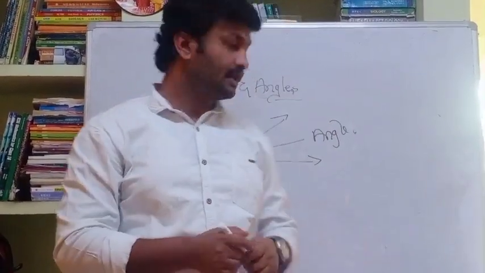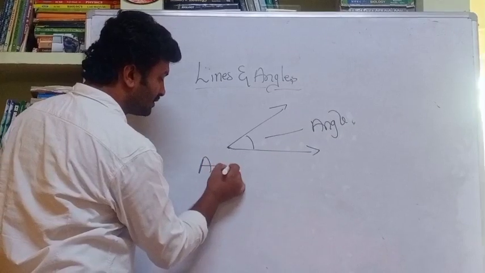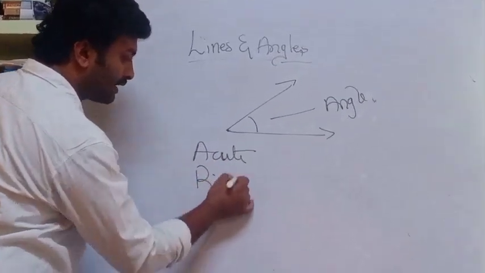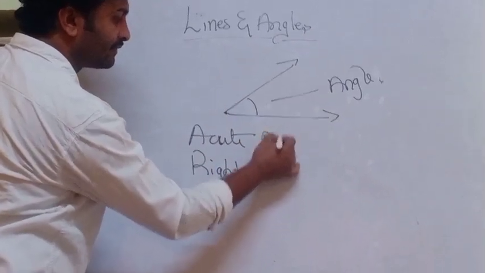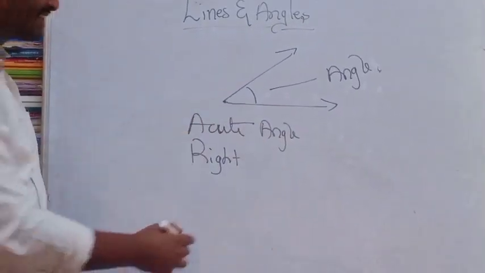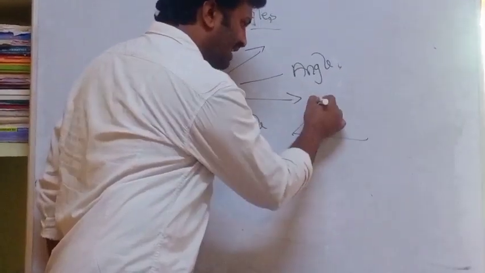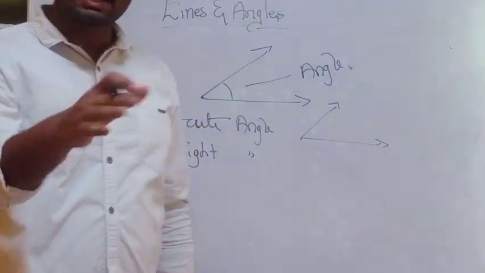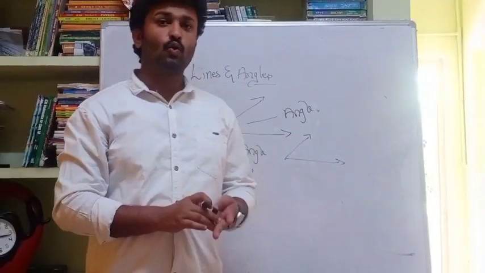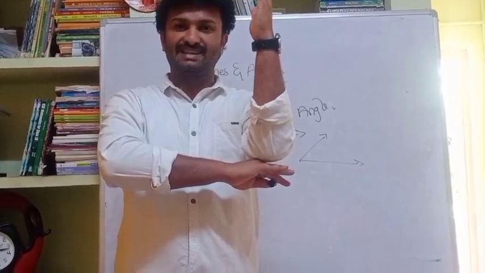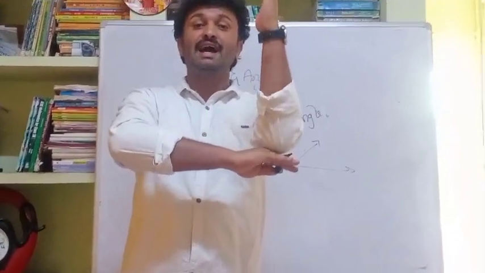Then the next one is the right angle. What are right angles? Angles which measure exactly 90 degrees are called right angles.